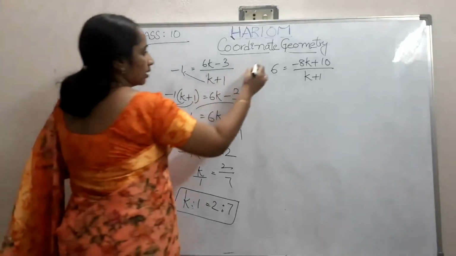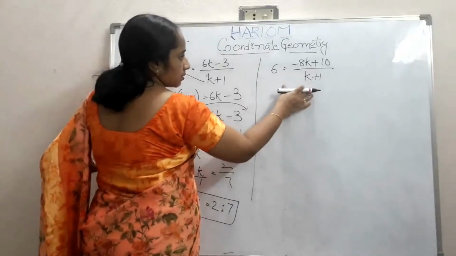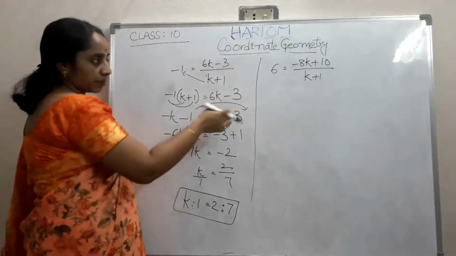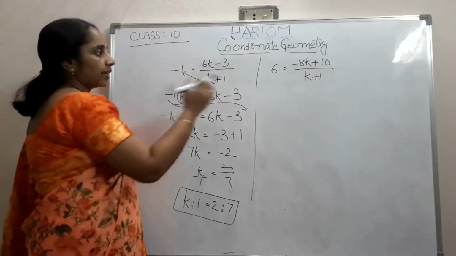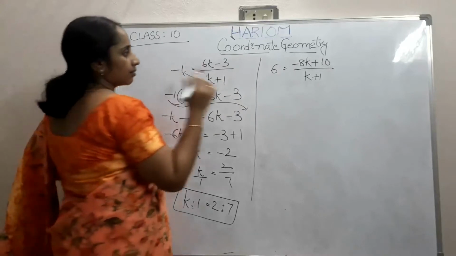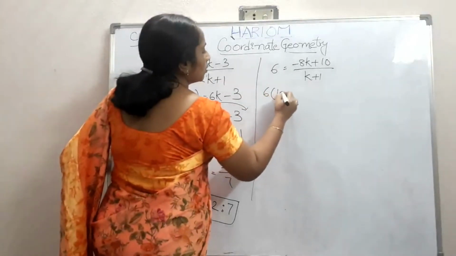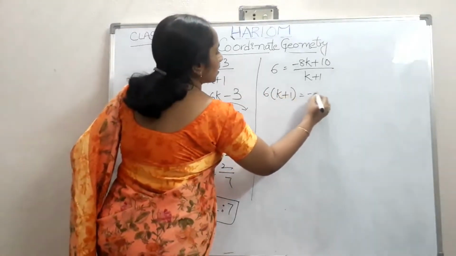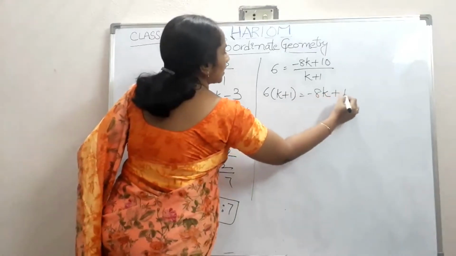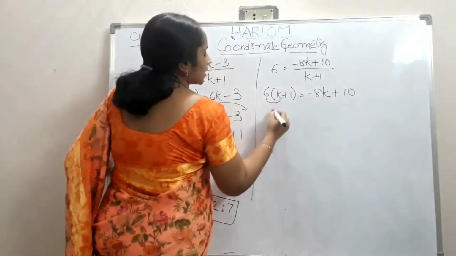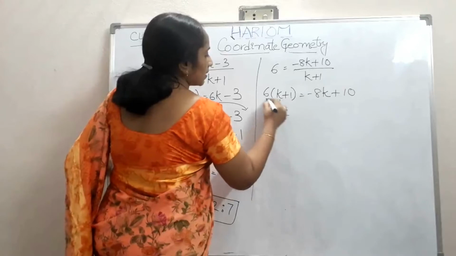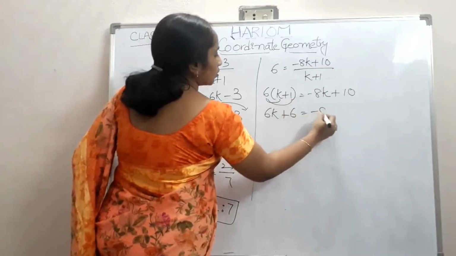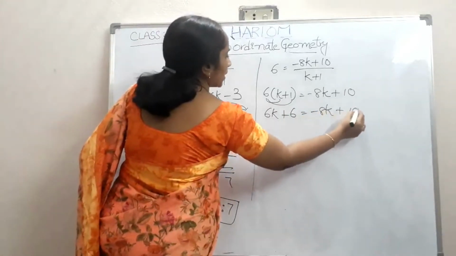To check, no need to do this. Just for checking purposes I am telling you, do any one, it is enough. Now 6 into (k + 1) is equal to -8k + 10. It is 6k + 6 is equal to -8k + 10.